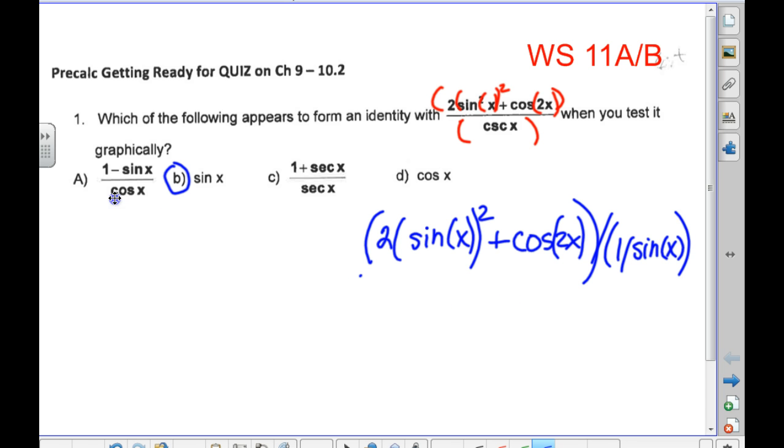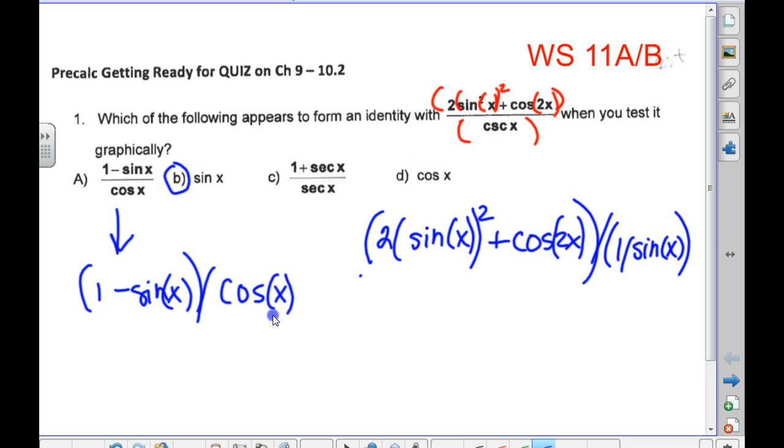Okay, if I had to type in choice A to test it, it would have been 1 minus sine x divided by cosine x, and graph that in y2 and see if that happened to match, which we know it didn't, but I just want to make sure you know how to type these.